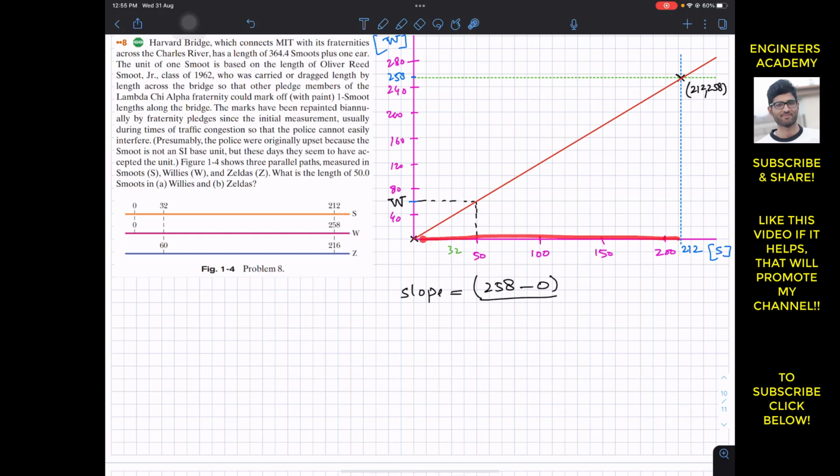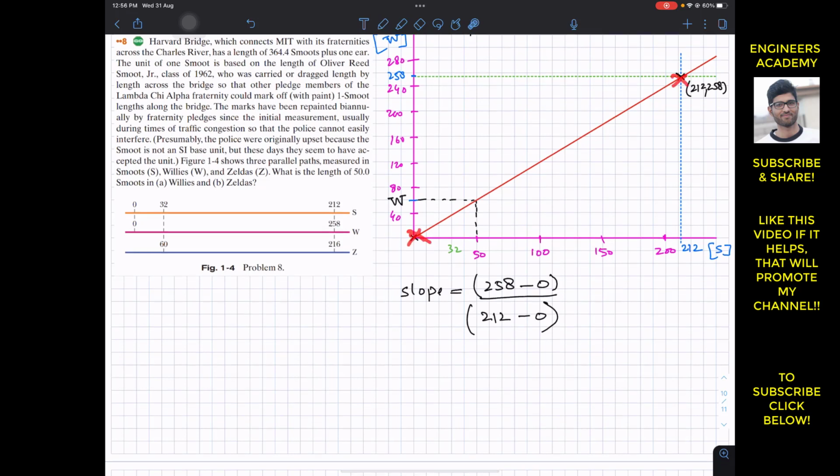The run is 212 minus 0. So this is the slope. The slope between this point and this point, and the slope between this point and this point, will remain the same, since all these three points lie on the same straight line.